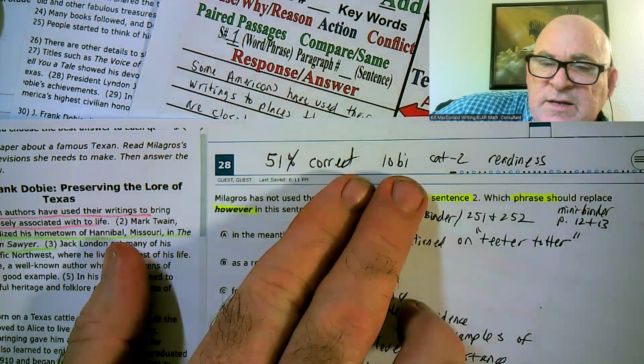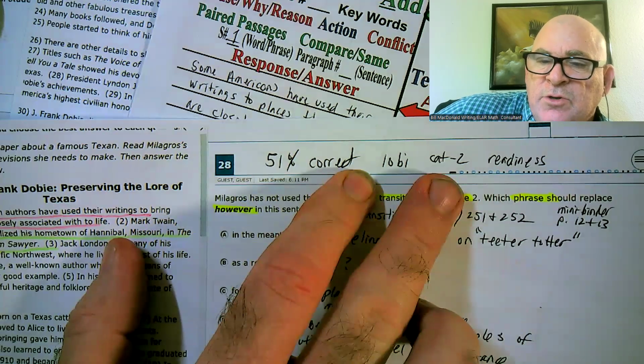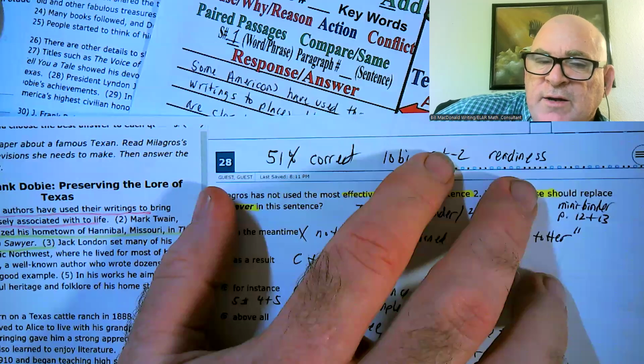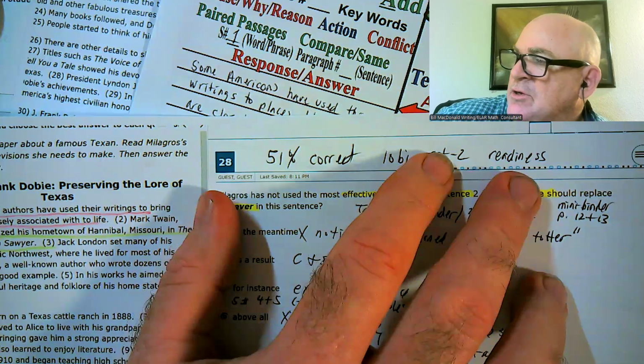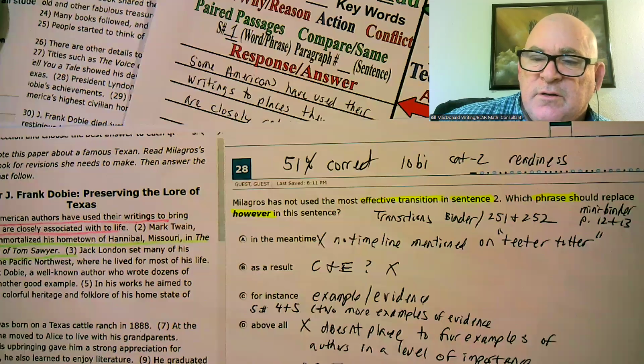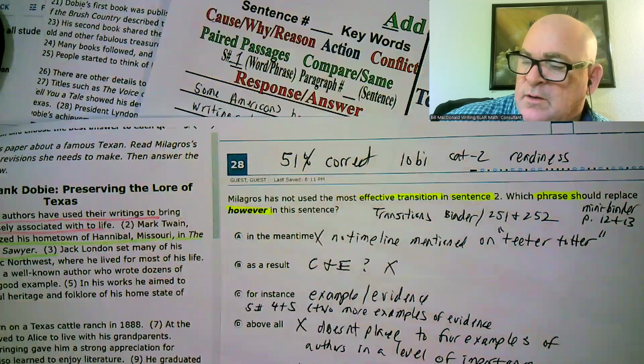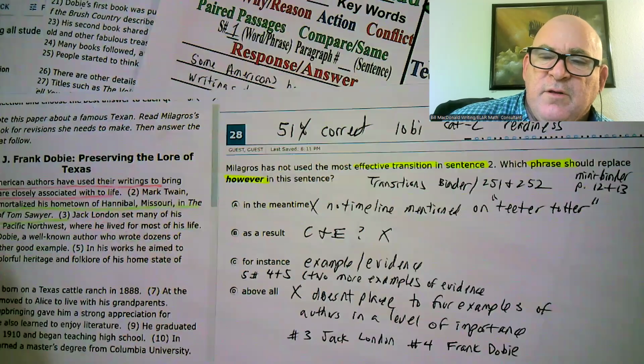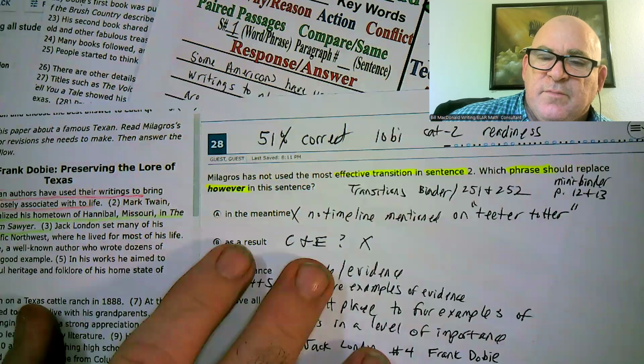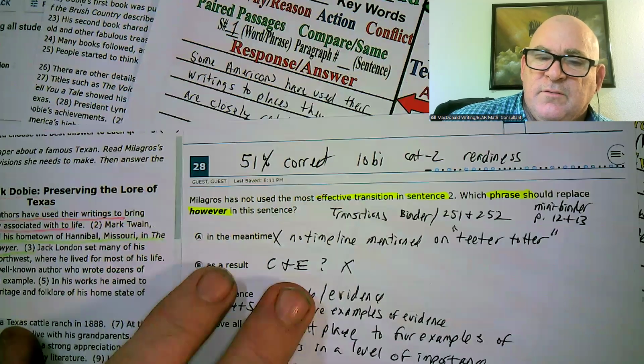It was TEKS 10Bi, category 2, known as readiness, meaning that they should have learned it in that grade. But they've been learning transitions, hopefully, since way before seventh grade.